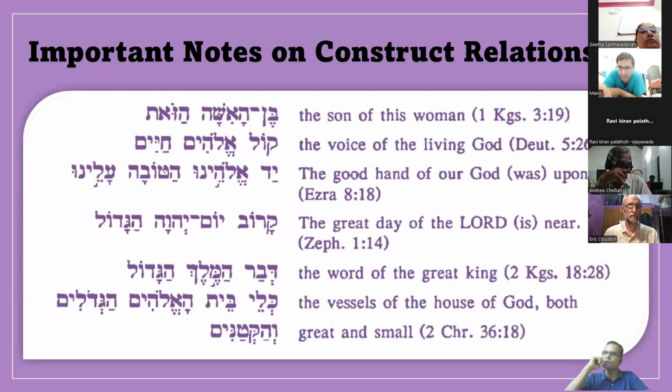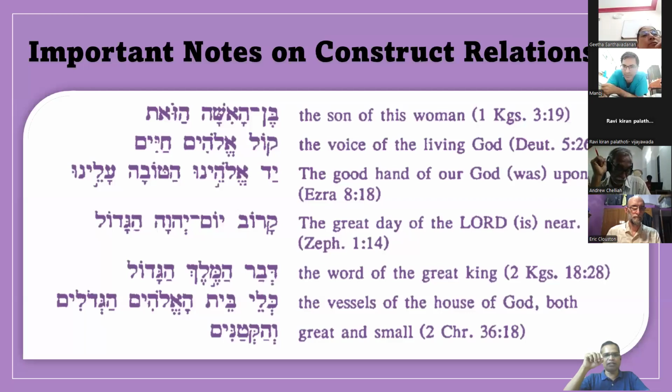How can the day of the Lord be great, or the great day of the Lord, like that, right? The great day of the Lord near. It can also be translated as near is the great day of the Lord. That is the literal translation.